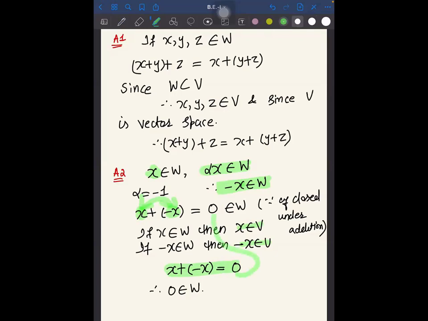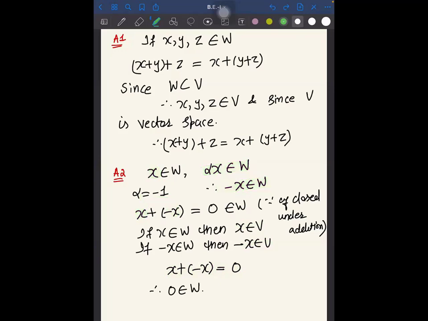That means the identity element is in W, so W possesses the identity. So the second property is also satisfied, right? Is it fine?